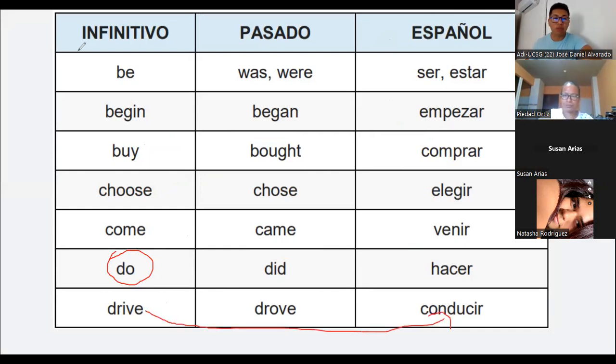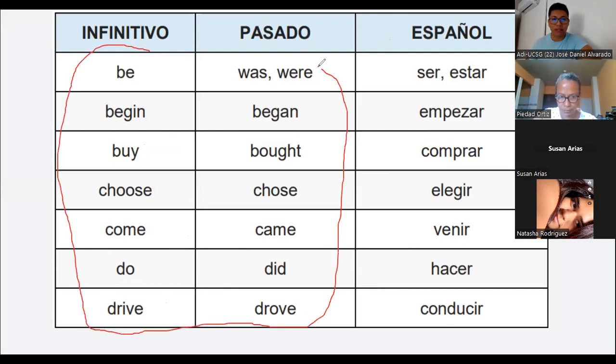Now, Piedad, can you please read the infinitive and also the simple past of these verbs? Be, was, were, begin, began, buy, bought, choose, chose, come, came, do, did, drive, drove.